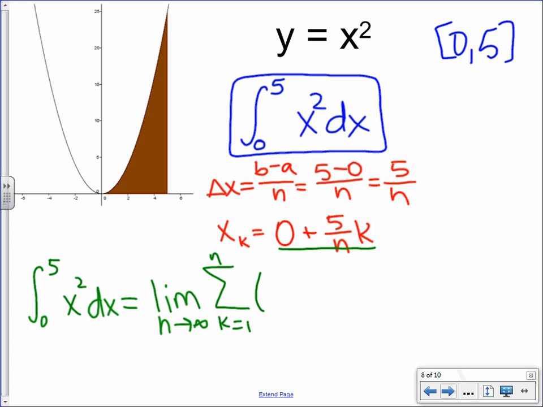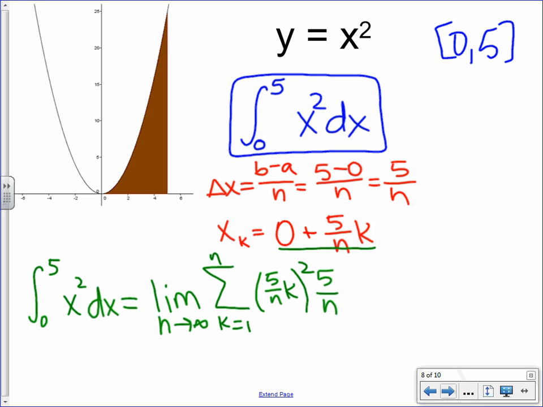So 5 over n k is getting plugged into our function. So 5 over n k squared, that's each of our function heights, times delta x. Because our function is x squared.